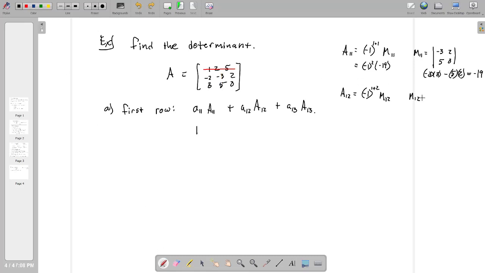We do the determinant of negative 2, 2, 3, 3. Negative 2 times 3 is negative 6, minus 3 times 2 is 6. We have negative 6 minus 6 is negative 12. So negative 1 to the 1 plus 2 power, to the third power, times negative 12. This will be a negative times negative 12, which is positive 12.